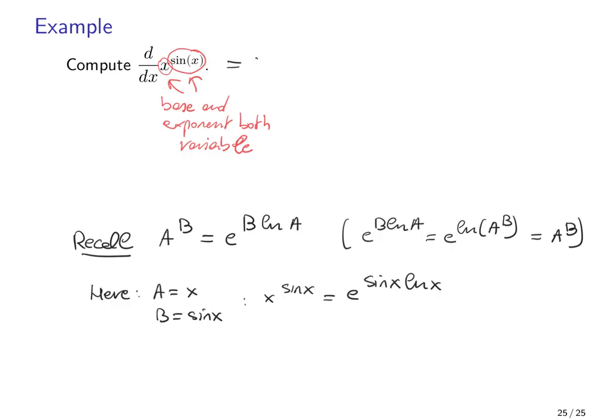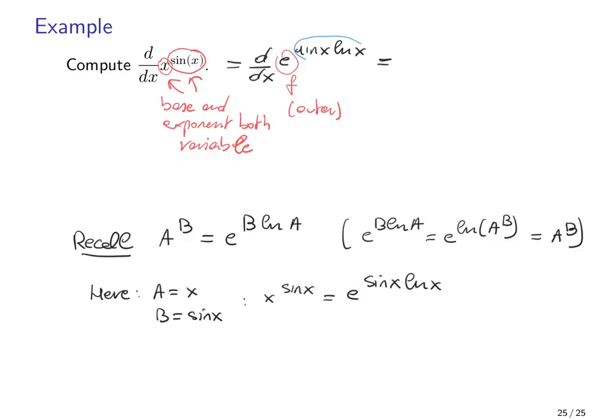Okay, so now we can use that to compute our derivative. d/dx of e to the sine x logarithm of x. What is it? Well, chain rule. So first, let's use the colors one more time. The e to the power, that's going to be our f, our outer function.